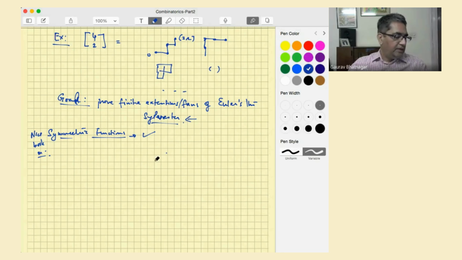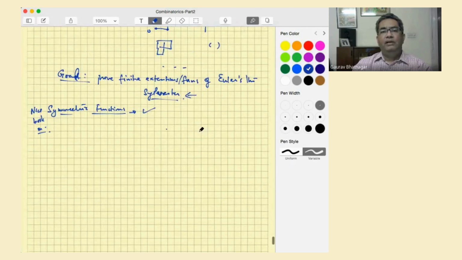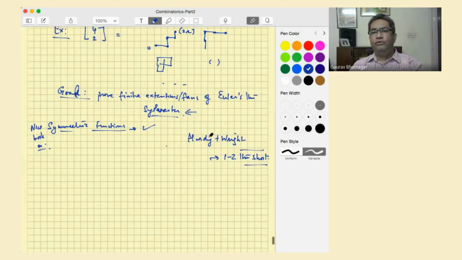But in terms of Hardy and Wright, I would say we are maybe 1 or 2 theorems short. And one of them is really complicated. I don't know if I'll cover the proof of that. But Hardy and Wright, their book on partitions, they cover exactly what we have been doing right now.